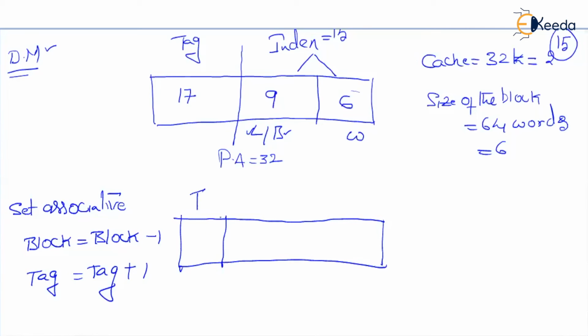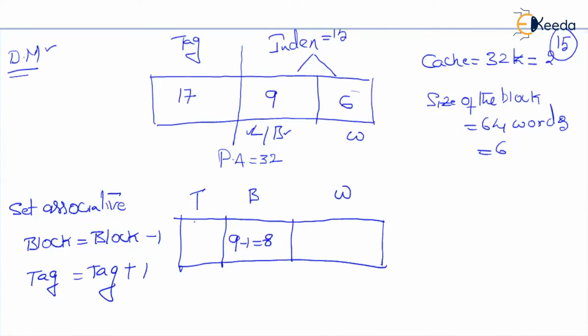The word will not get affected. So block is 9 minus 1, which is equal to 8.